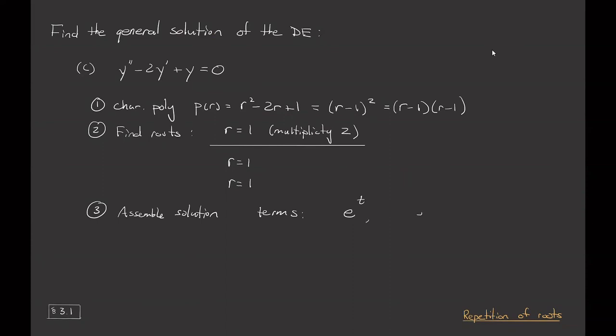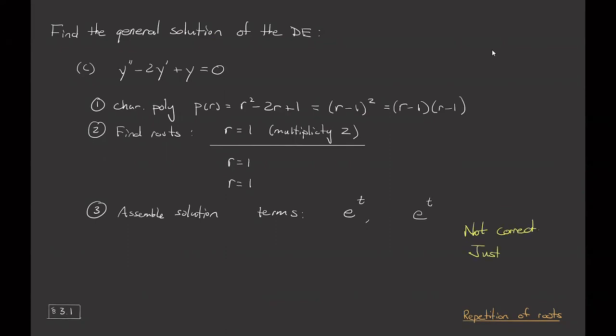Now, if we just did e to the t again, kind of naively, for the second one, we will not have added anything new. So this is not what we want to do, but actually, let me put a visual warning. This is not correct.